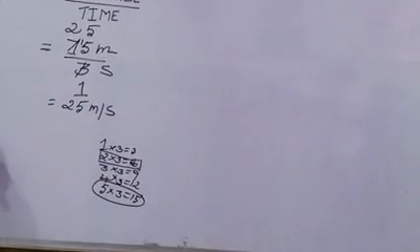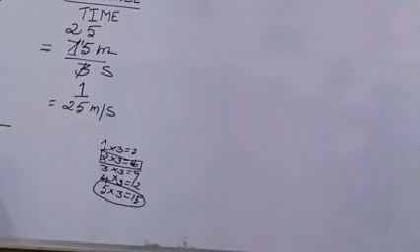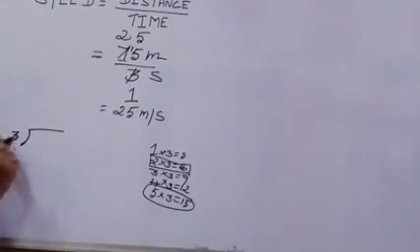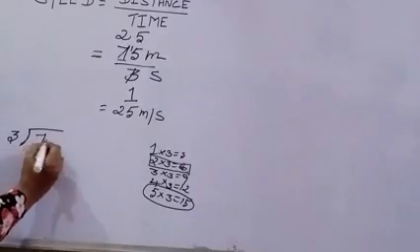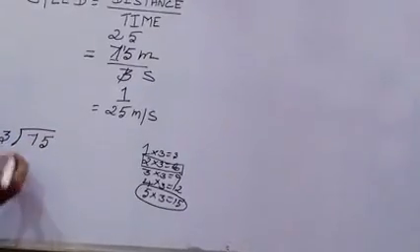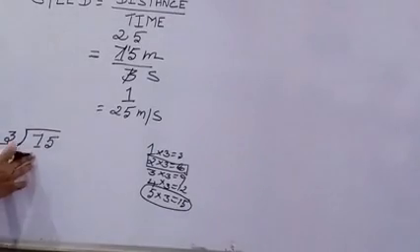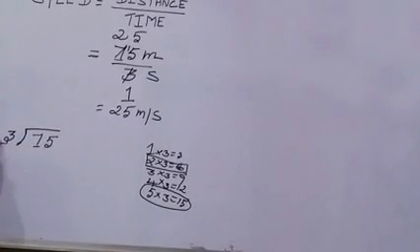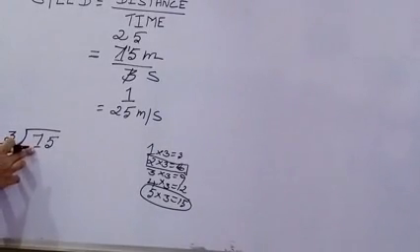One more method. For the dividend and divisor, the divisor is 3 and the dividend is 75. The first digits are both single digits and the divisor is less than the dividend, so you can divide easily.